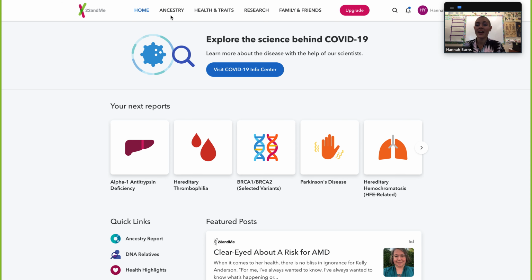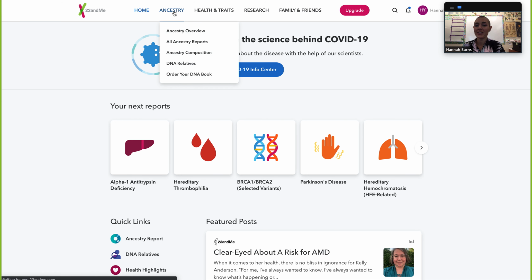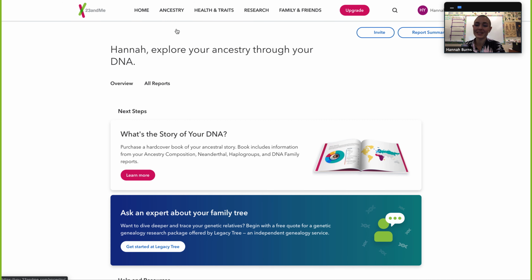What's awesome about 23andMe, and this isn't an ad, this is just to go over my experience, is that it showed us information about ancestry, health, and traits from my genotype. It also helps link me to family and friends, and contributes to research in the field of science.